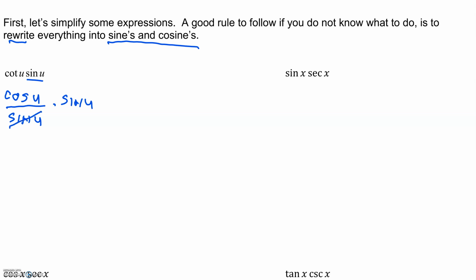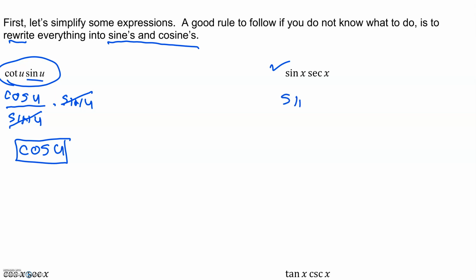Now we notice that these cancel, and so we're left with cosine of u. And that is definitely less writing than the original problem. That's been simplified, right? So just like we want to simplify fractions, we want to simplify trigonometric expressions. So go ahead and pause and try to do this one. When you're ready, unpause it and watch me do it.